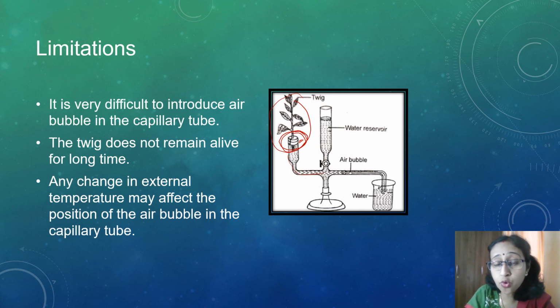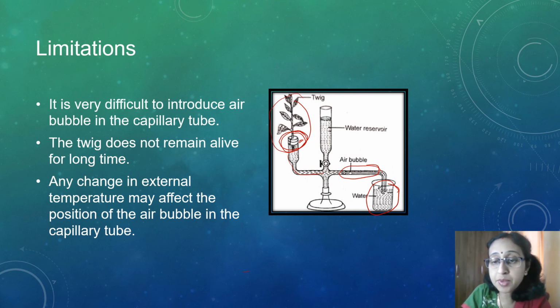No air bubble should enter, because we are inserting another air bubble from this beaker into the capillary tube. So while filling this total setup, the apparatus should be filled ensuring that no air spaces are there in between.